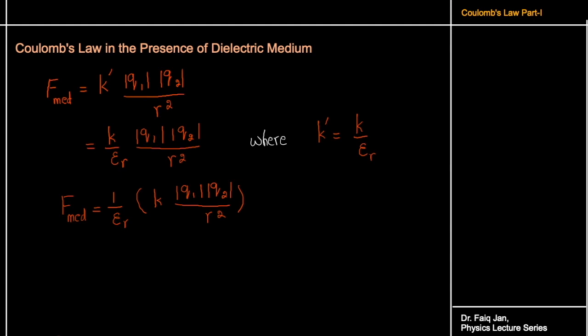Recall equation number 3. The term in the parentheses is the force when the charges are placed in vacuum. So we can write F medium is equal to F by epsilon r. This is equation number 5.